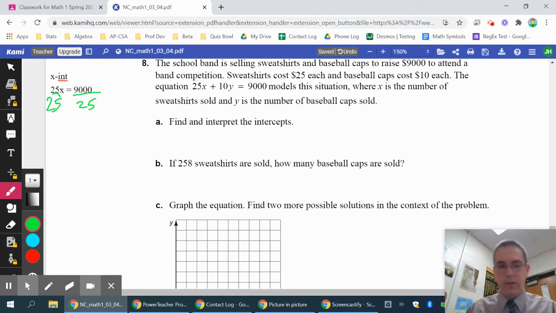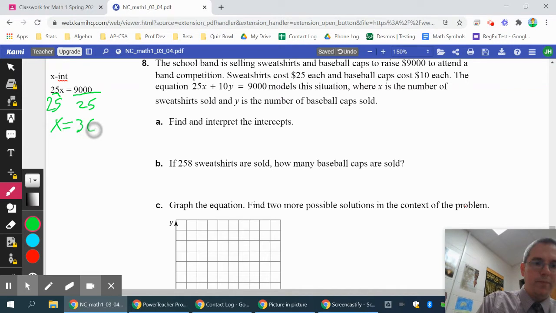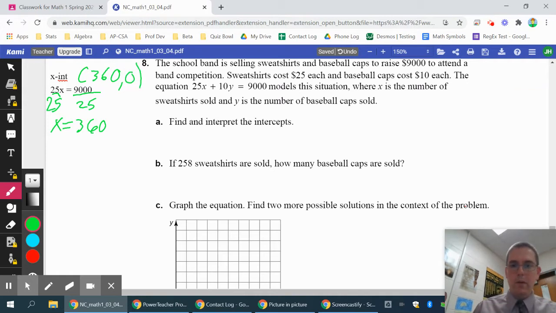And when I do 9,000 divided by 25, you probably need a calculator, but that will be 360. So that means my x-intercept is (360, 0). What that means in the context of the problem is that if x stands for my sweatshirts, I can tell because a sweatshirt costs 25 and they have 25 with the x.